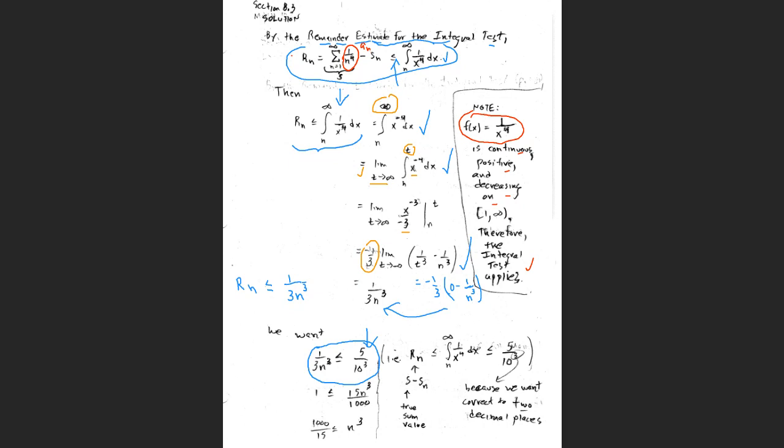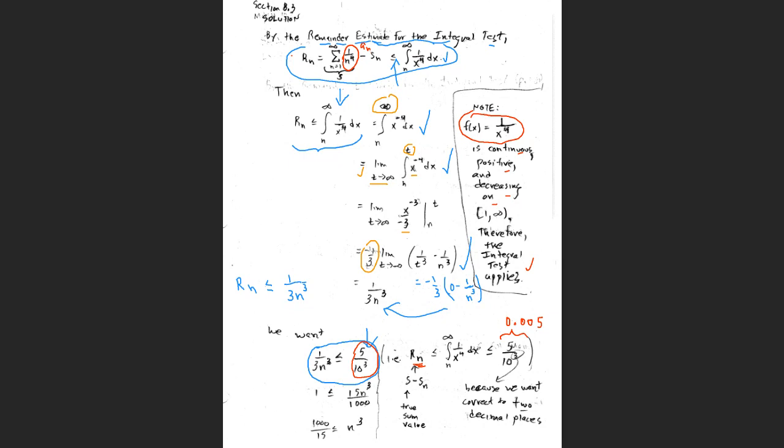The reason we have 10 cubed on the bottom is because 5 over 10 cubed is 0.005. If your remainder is assured to be less than 0.005, then round off will not affect the first 2 decimal places. So that's why you have 5 over 10 cubed.